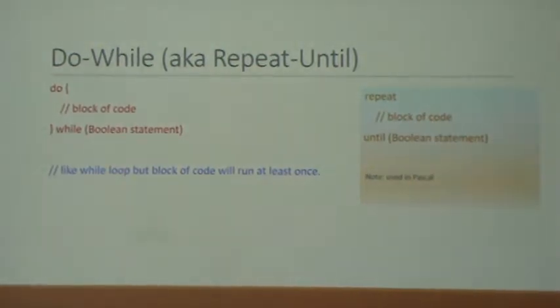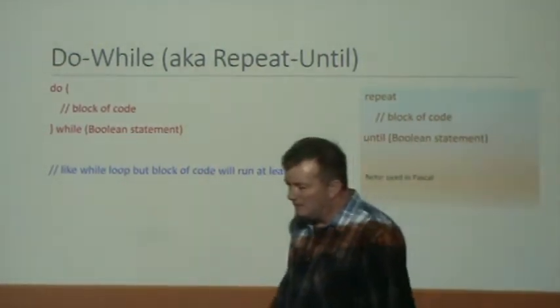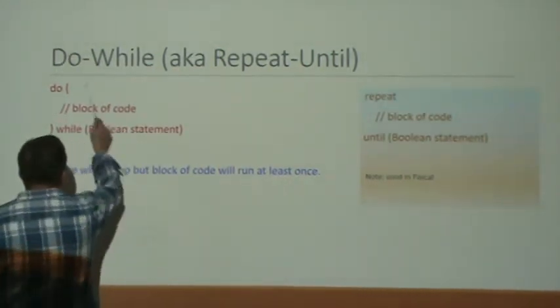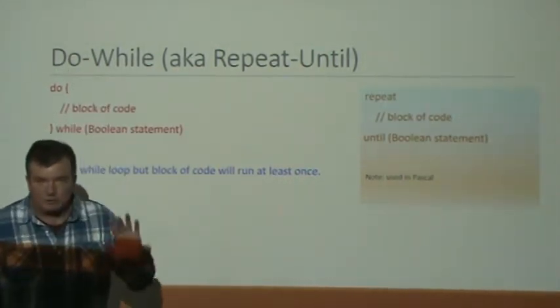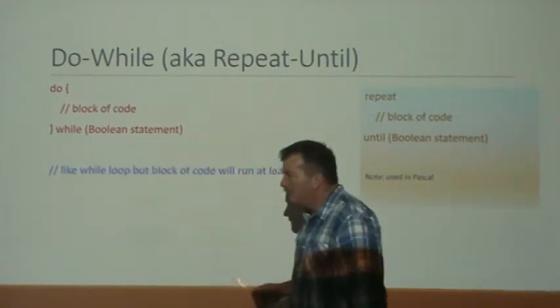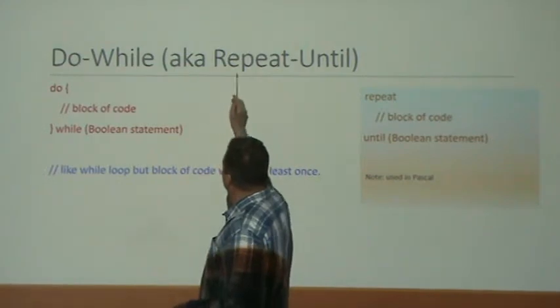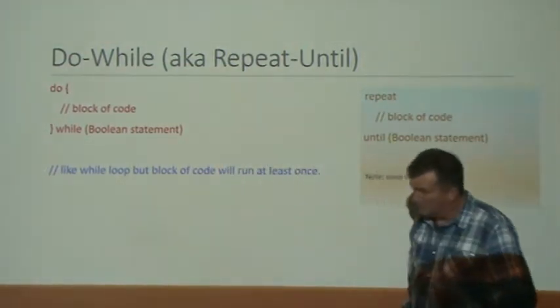Okay. There's a third style of loop that's called the do-while loop. It's not a while loop, it's called a do-while loop. And in older programming languages from the 1970s, it was also known as a repeat until loop.